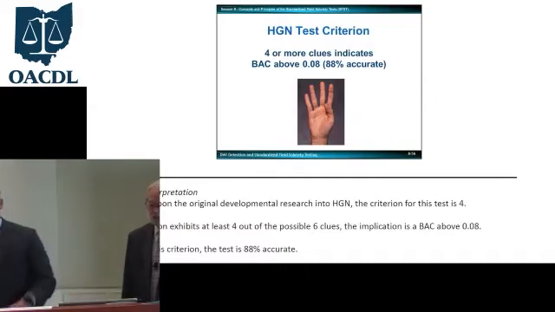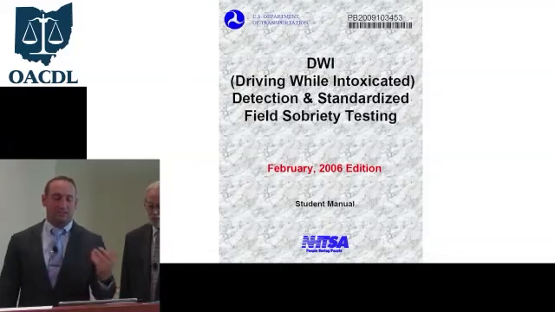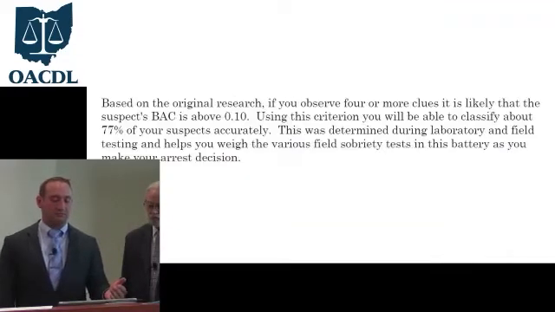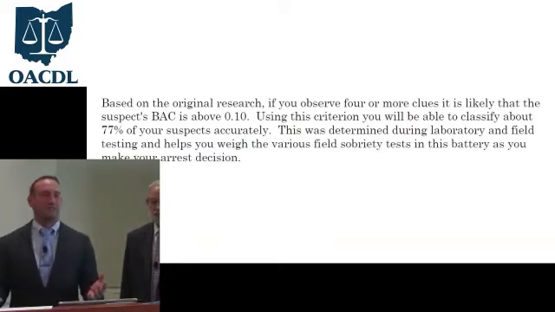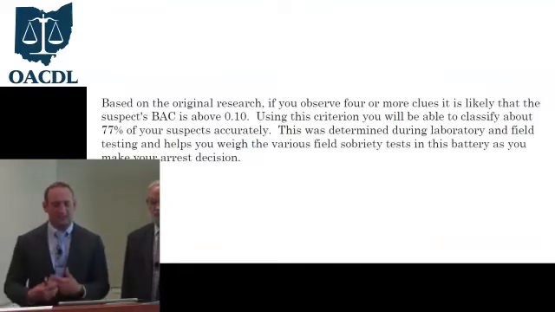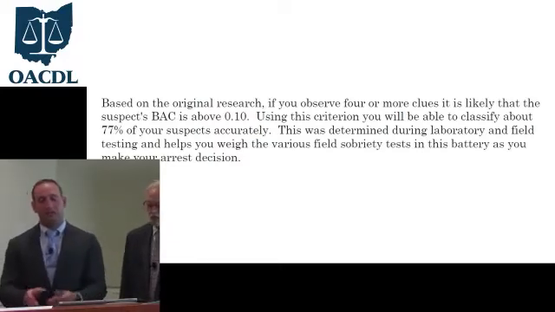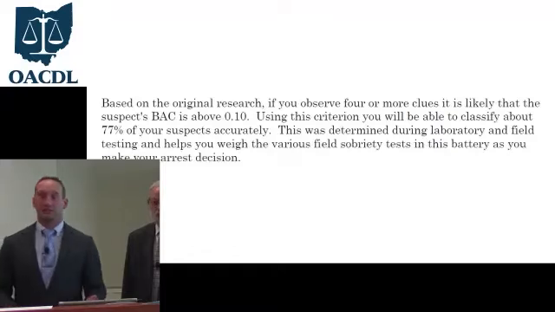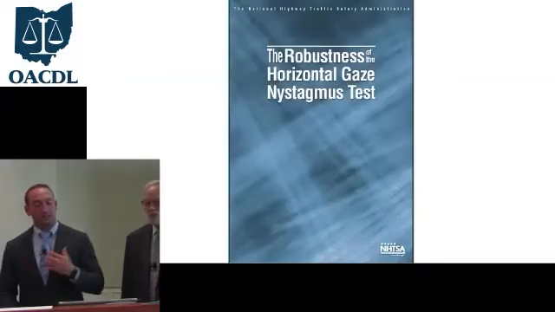If you go back to the 2009 version of the 2006 manual, it says that 4 clues means that the person's BAC is over a 0.10. They adjusted it. They didn't do any new studies. They just reworked the numbers. Some of that I can almost get behind, but when we get into the robustness study, you see how absolutely ridiculous this is.